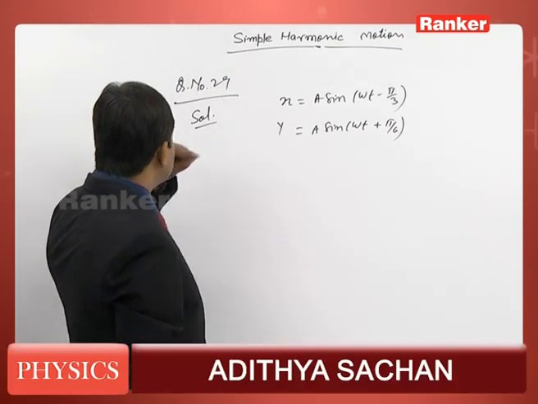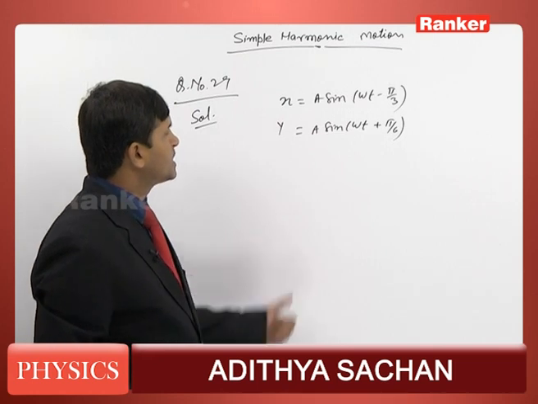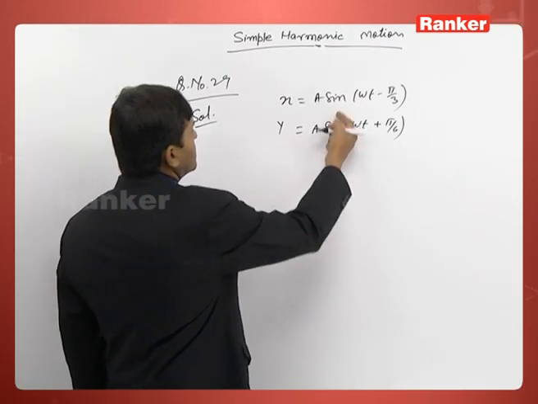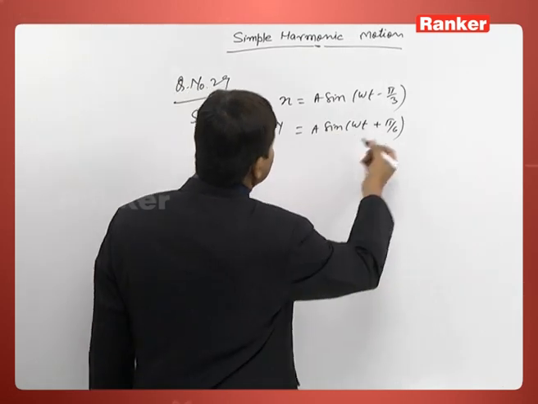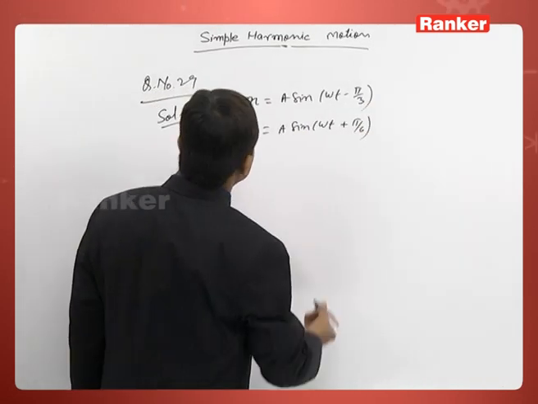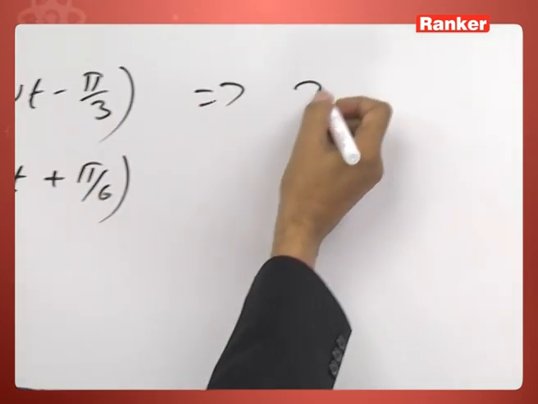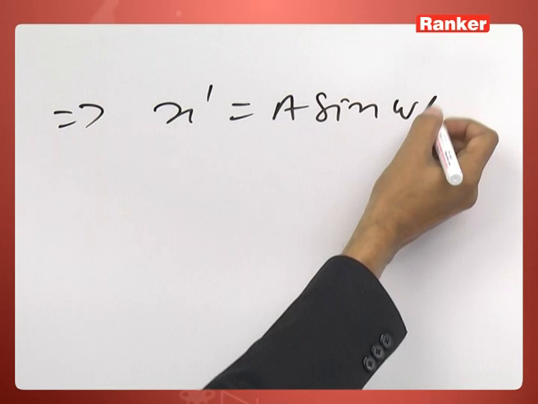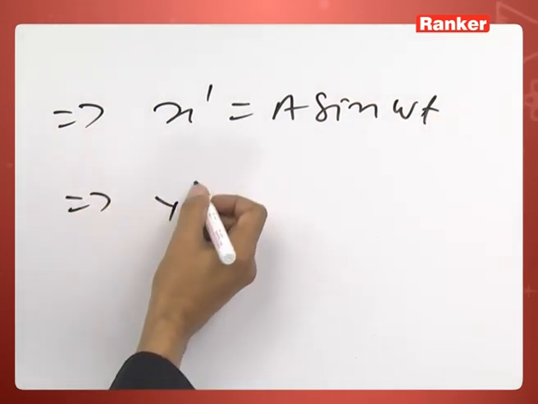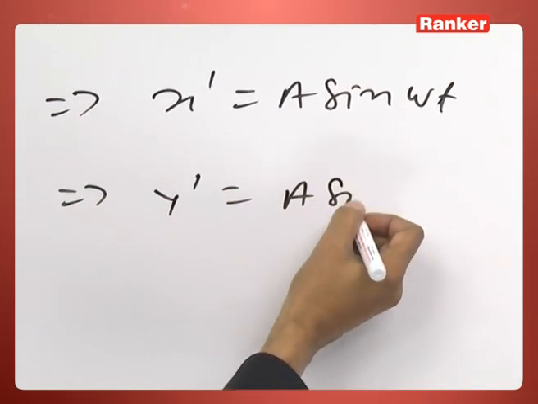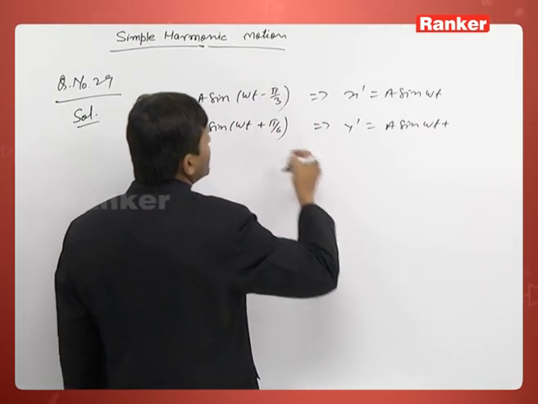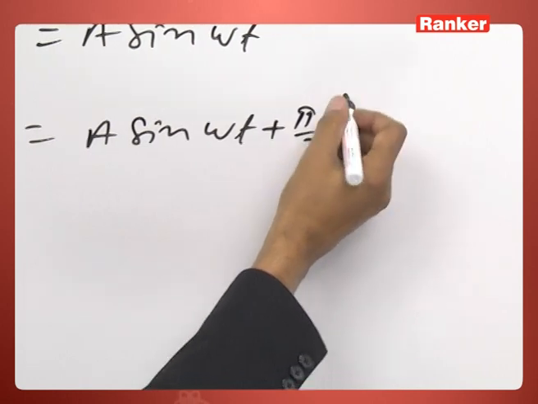Now, since the phase difference between these two is 90 degree, if we look at the relative value here, it can be said x dash is equal to a sin omega t, and y dash can be said a sin of omega t plus pi by 6 plus pi by 3, which is pi by 2.